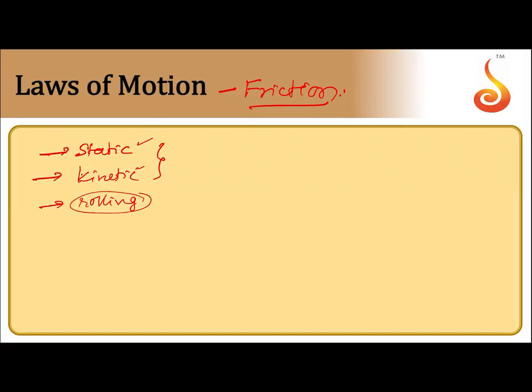So let's try to understand these things. Remember, friction is a self-adjusting force. Okay, remember this important idea. So now, if an object is stationary and I start pulling this, then initially there may not be any motion. So force of friction comes into picture along this direction, which is static friction, and I keep on pulling harder and harder.